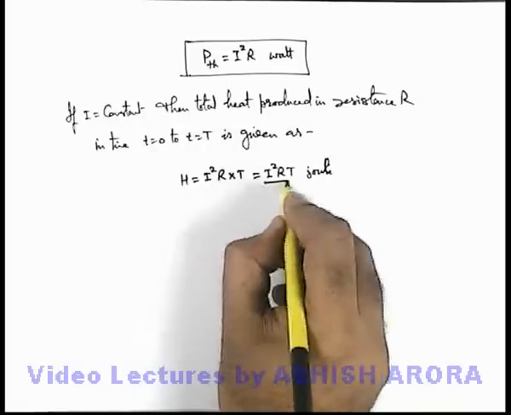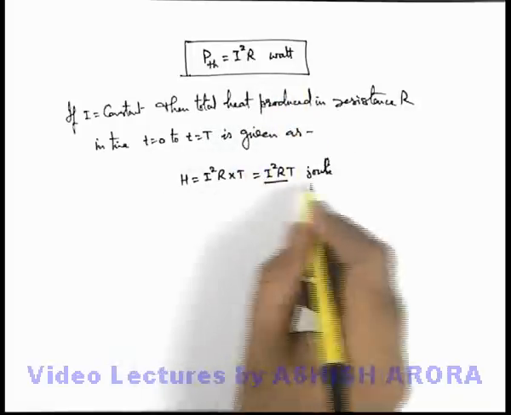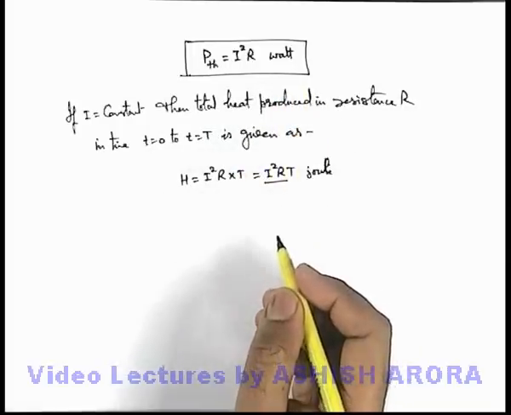Because I square R amount of heat is produced per unit time, so in time T it can be directly written as I square RT.